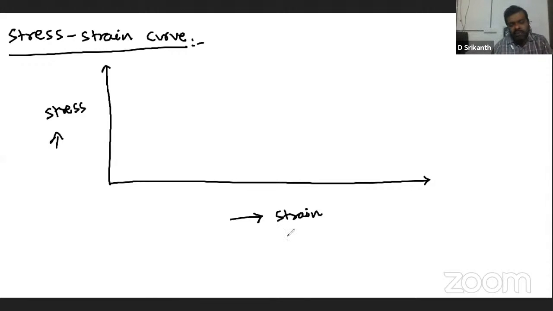Whatever the strain I am considering, the same type of stress I am considering on y-axis. If I consider volumetric stress, here it is volumetric strain. Or else if I consider shearing stress, this is shearing strain. Whatever the kind of stress I am considering, same kind of strain is there on x-axis.